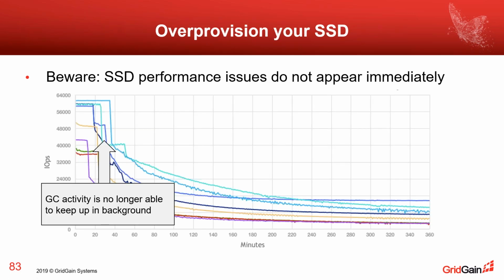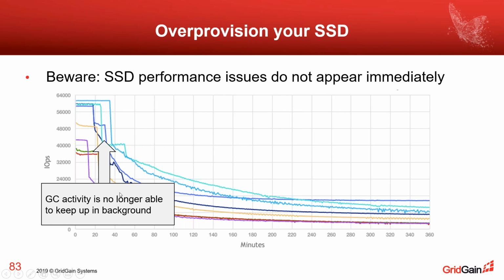input-output operations per second. For nearly all models, we see that first of all, the IOPS level is good, but after 30 or more minutes, the performance decreases and slowly goes to some saturation level.